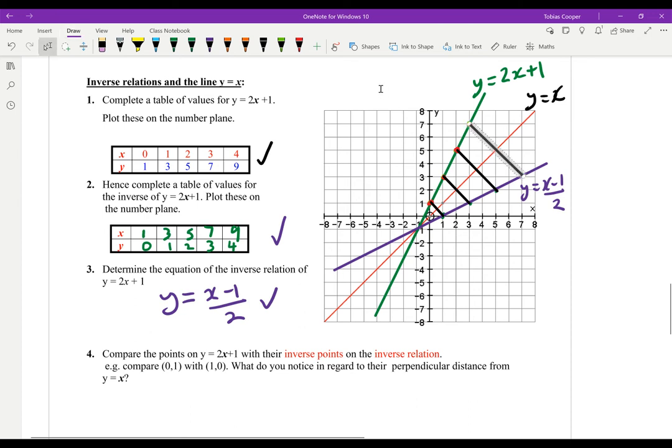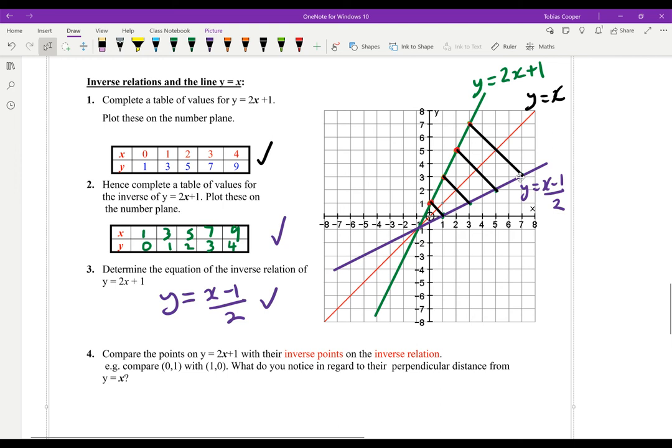Okay. So hopefully you can see now that the original function and its inverse are reflections of each other in the line y equals x. So what that means is that the point on the original function is the same distance from the line y equals x as the point on the inverse relation to the line y equals x.